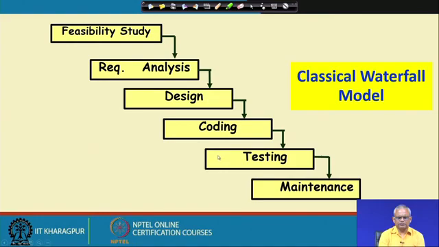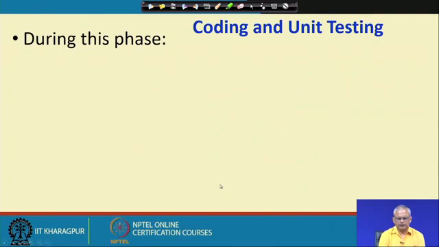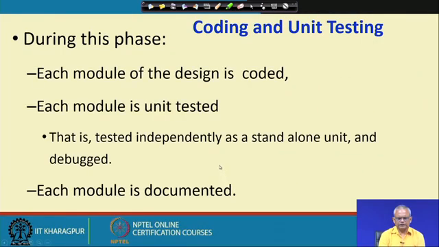Once the design phase is complete, next the coding is undertaken. Here, based on the design document, the coding is done, and after that the testing activities are done. During the coding phase, each module of the design is coded.